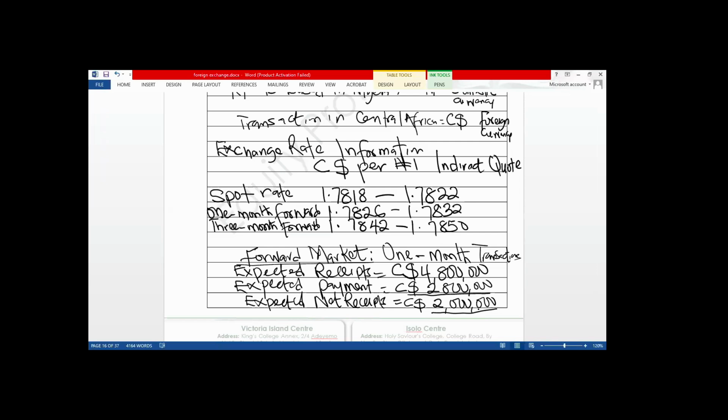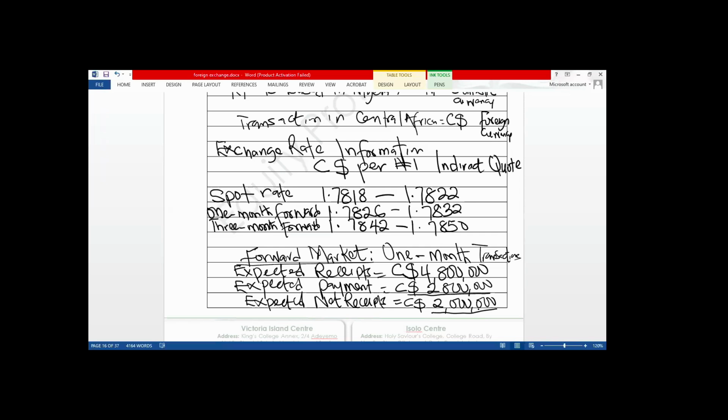Now this balance, 2 million C dollar, we now want to hedge using forward markets. Once you hedge, your forward market is your forward exchange rate. That means you are going to obtain a rate now for the receipt you are expecting in 1 month's time.